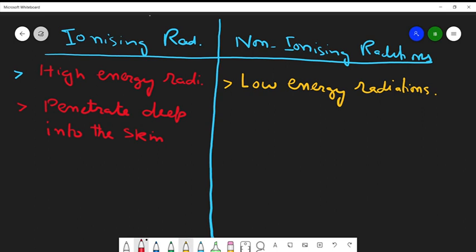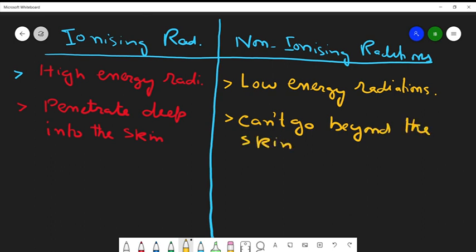While these non-ionizing radiations can't go beyond the human skin. They are incapable of going beyond the skin.